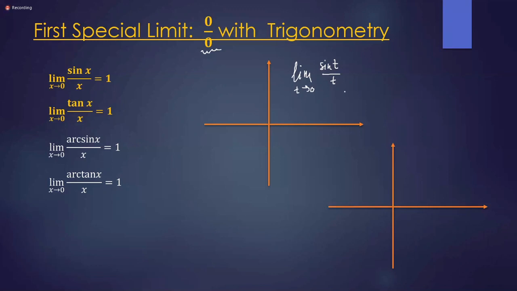In that case, I will be able to say that the limit of the ratio is 1. Same goes for tangent x and x, arcsine x and x, and arctangent x and x.